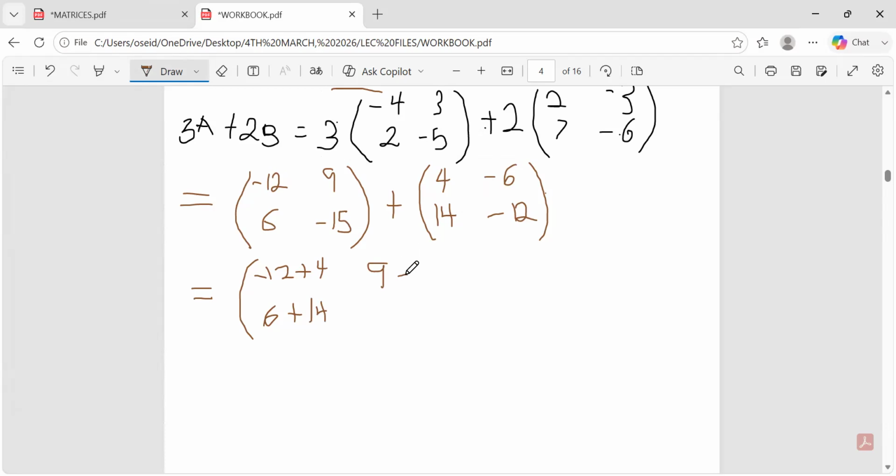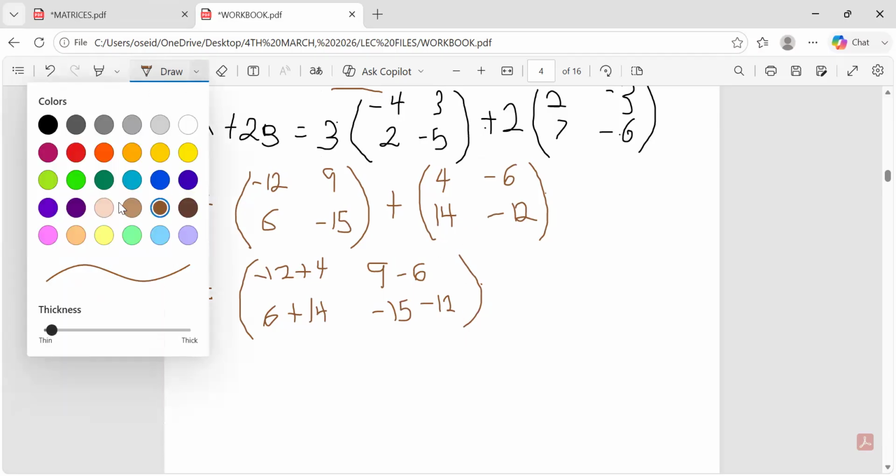So 9 minus 6, because negative is stronger than positive. Then we have -15 minus 12, because negative is stronger than positive.